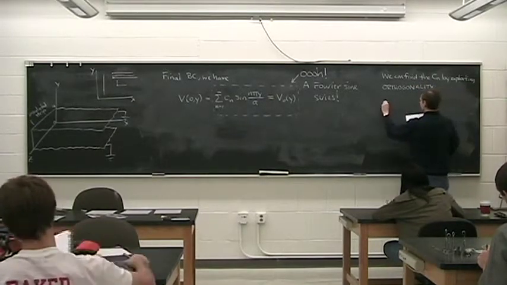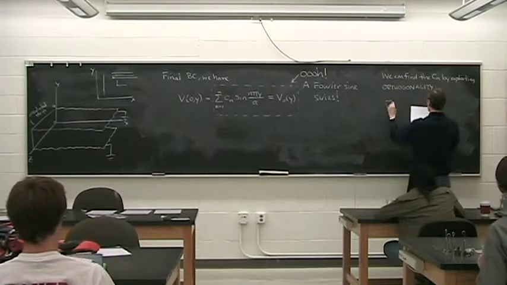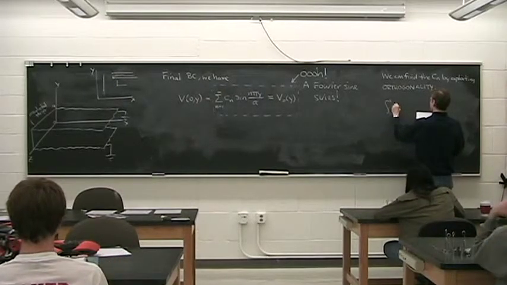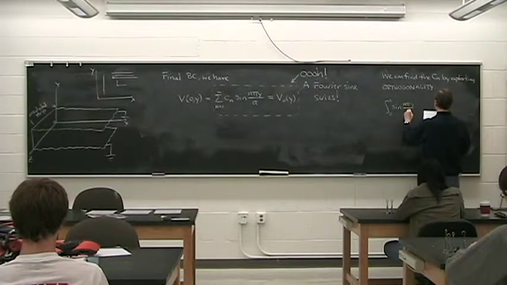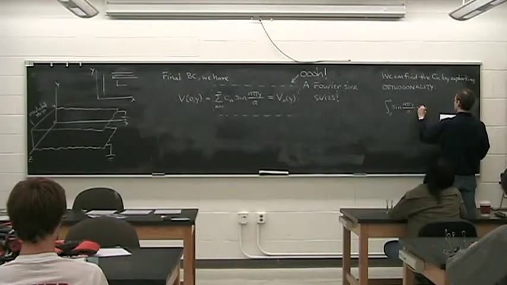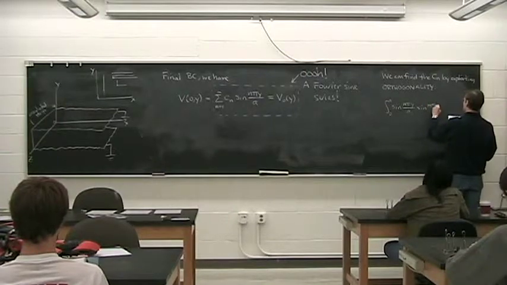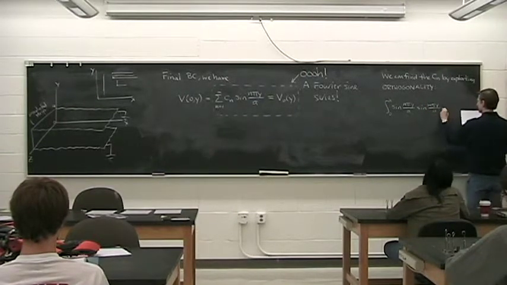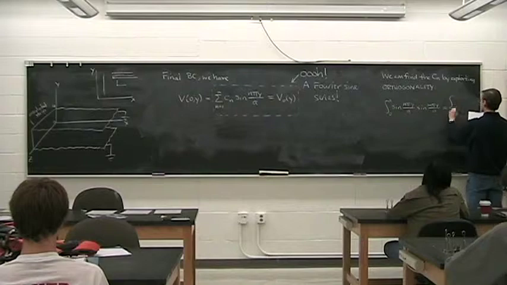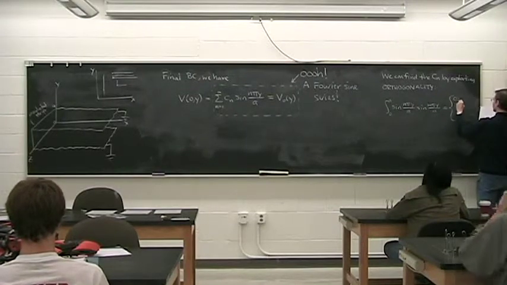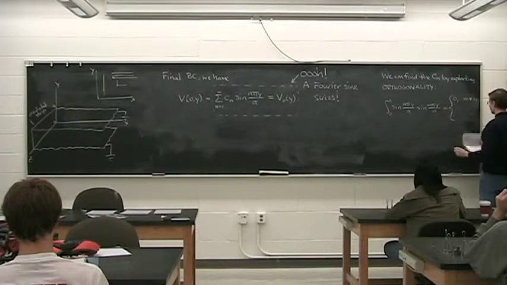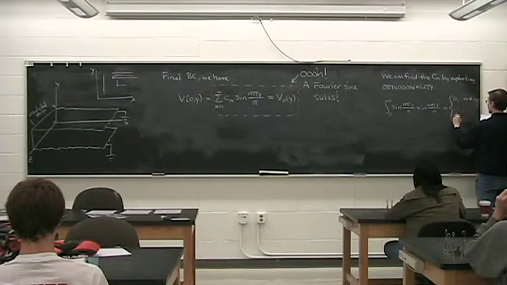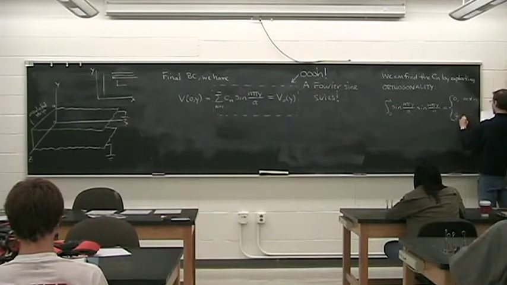The property is that the integral from 0 to a of sine n pi y over a times sine m pi y over a is equal to 0 when m and n are not equal to one another, and to a over 2 when m and n are equal to one another.